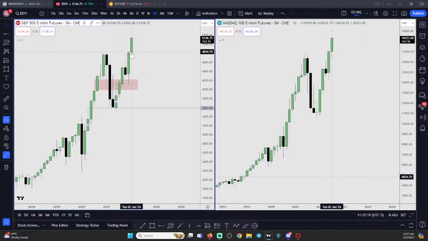So what I'm thinking for this candle here, I personally do not want to see a close near the high, because if that's the case, we might not be able to trade lower into this BC here.